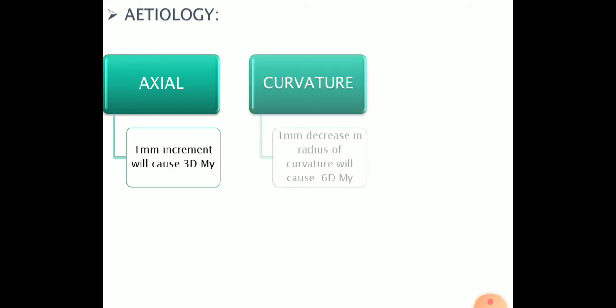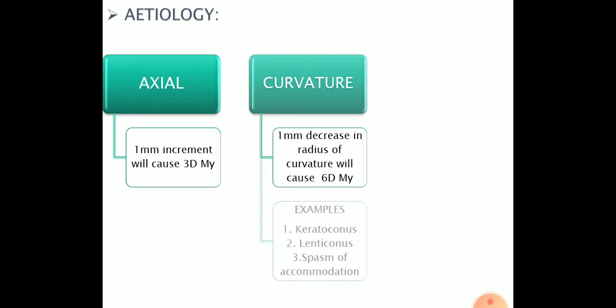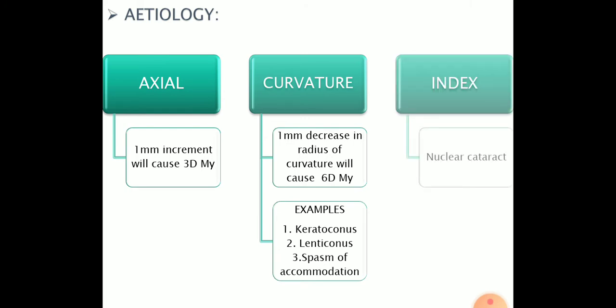Etiology: axial, 1 millimeter increment will cause 3 diopter of myopia. Curvature: 1 millimeter decrease in radius of curvature will cause 6 diopter of myopia. Examples: keratoconus, lenticonus, spasm of accommodation. Index: in nuclear cataract, where the refractive index of the lens is increased.